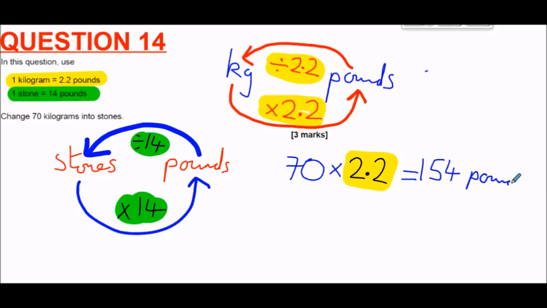That's the first step. The second step is we need to change from pounds to stones. If we're going from pounds to stones, we're going from a big number to a small number, so we need to divide by 14. The next step is 154 divided by 14.